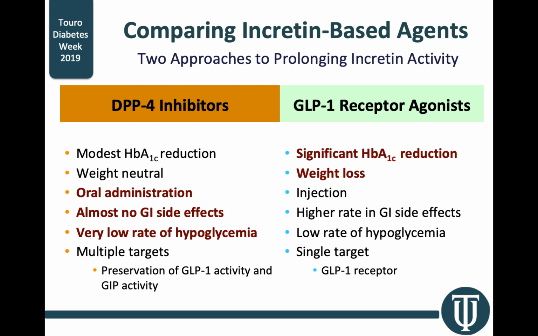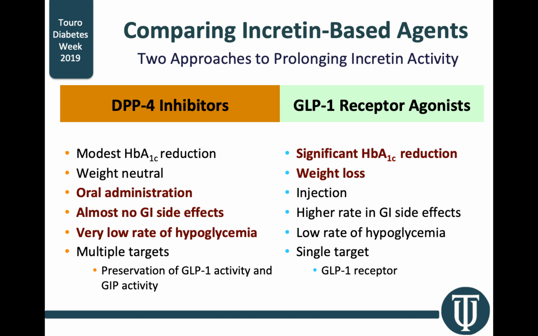On the other hand, for GLP-1 receptor agonists, you will see a much greater A1C reduction, as high as 1.5%. They also help with weight loss a lot, because some patients come back and express that they've lost like 10 pounds being on a GLP-1 receptor agonist.